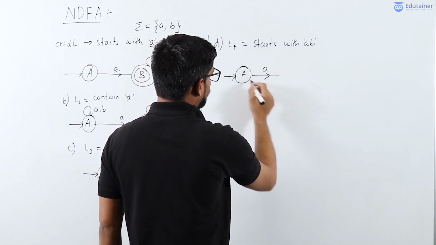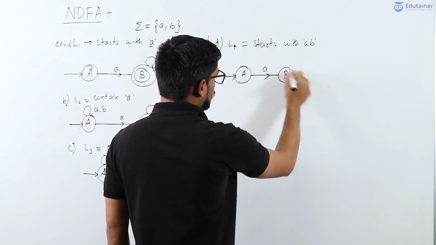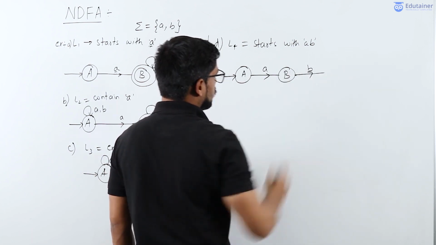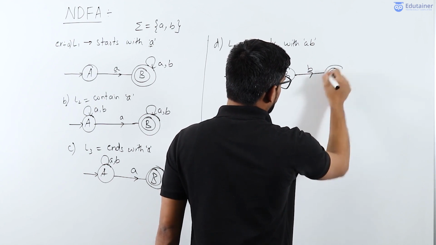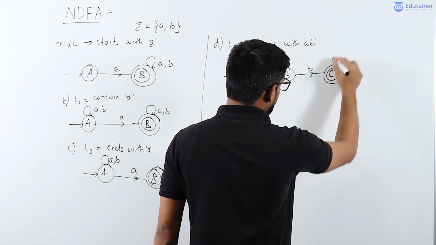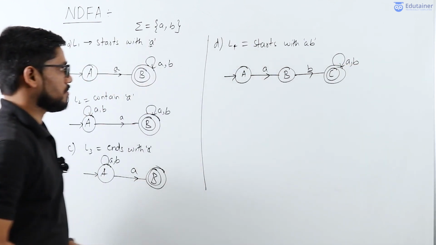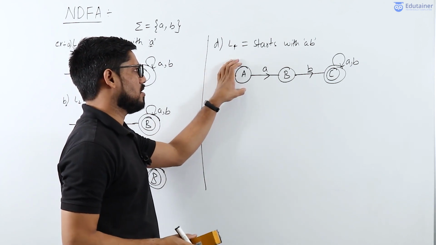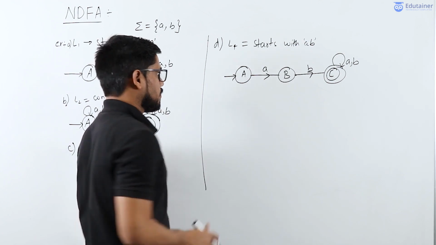Then I take a transition on small a and go to state capital B, then take another transition on small b and go to the final state capital C. On capital C I will take any number of A's or B's, it doesn't matter. So this is the transition diagram for the starts with AB language.